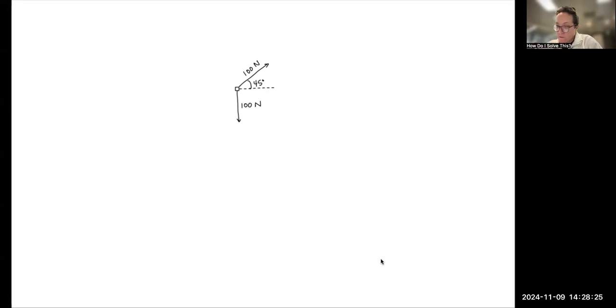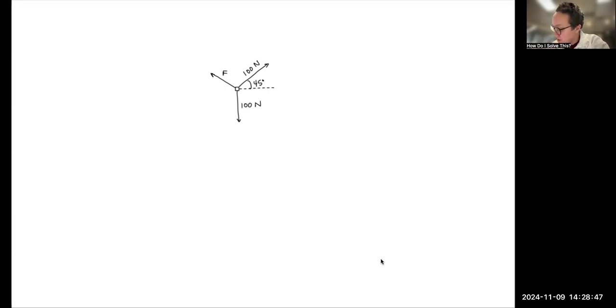And I want to know, well, what force do I need over here to balance it all out? Some of you might look at this and have some ideas based on symmetry, and I think there are probably some pretty good ideas, but let's go ahead and solve the problem and see.